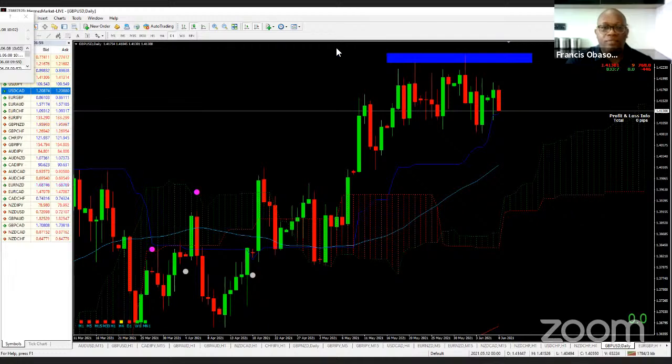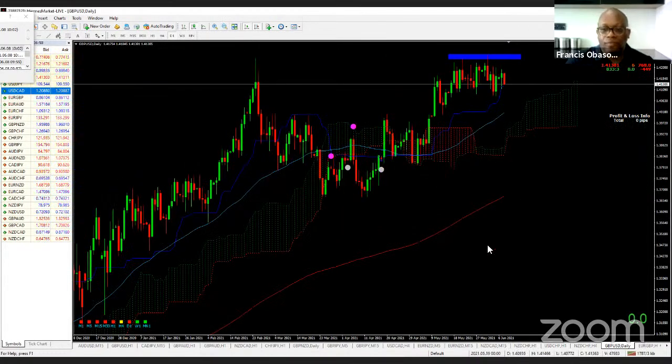So is this going to go much lower? Looking at the Ichimoku, I think it's going to be pushing up eventually. It's just consolidating around there. Perhaps some liquidity grab going on.